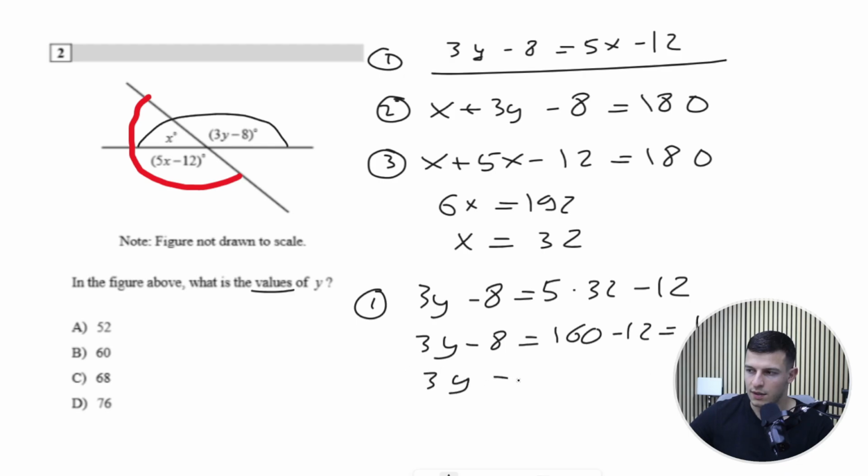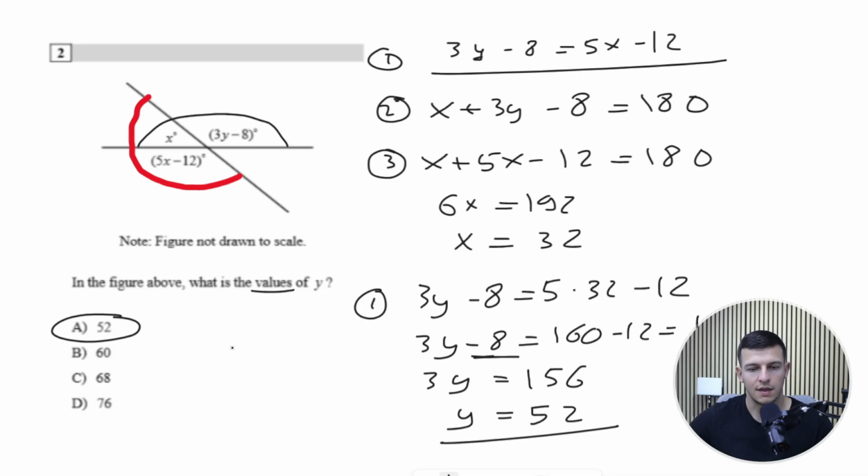So 3y is equal to 148 plus 8, which is 156. And y is equal to 156 divided by 3, which is 52. Yes, 52. And the answer is going to be A.